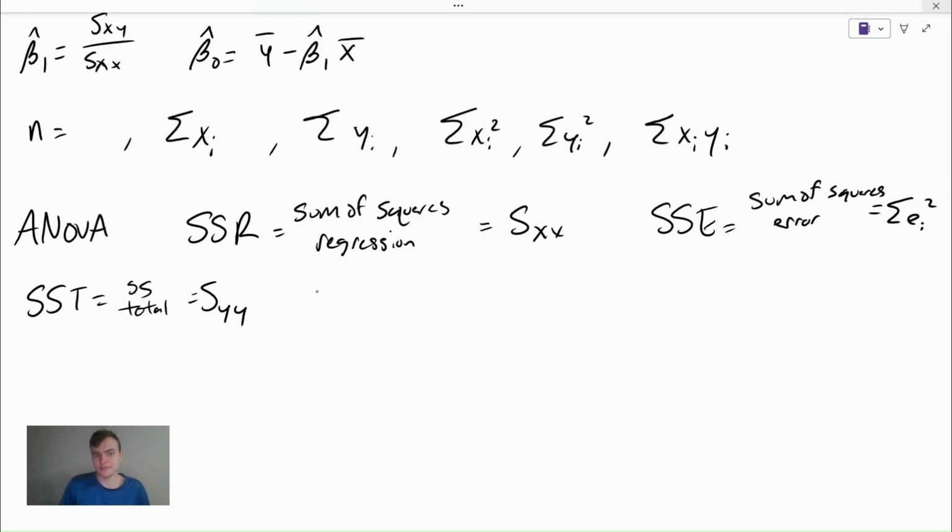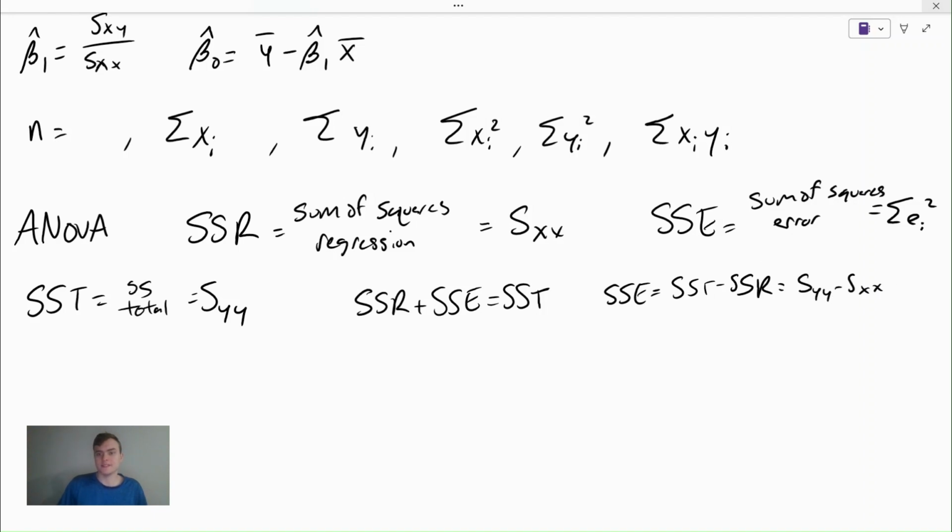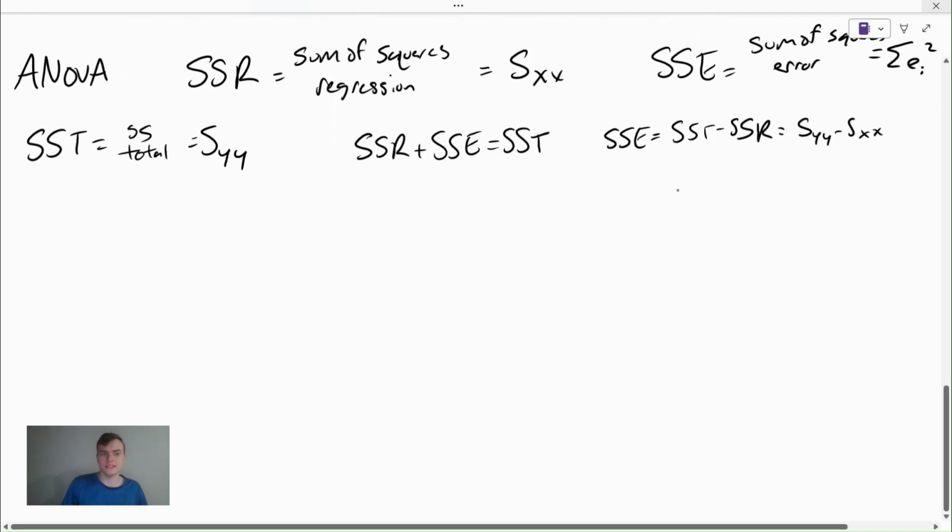And so doing it this way, we have SSR plus SSE equals SST. So an easier way to compute SSE than finding all the predictions and the differences between them, the faster way, is SSE equals SST minus SSR equals Syy minus Sxx, right?